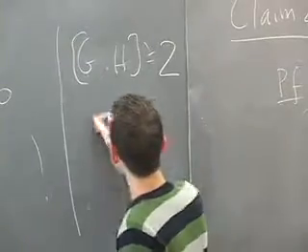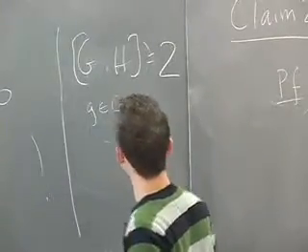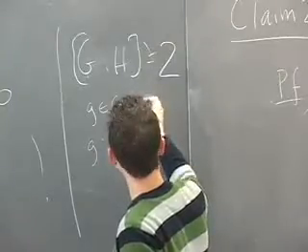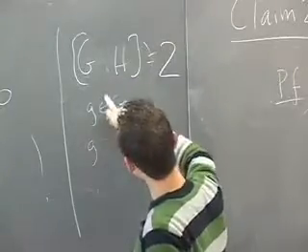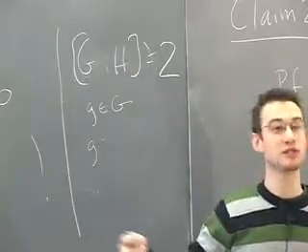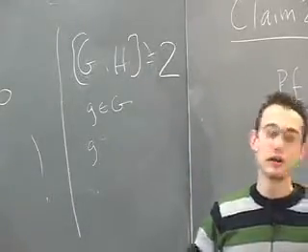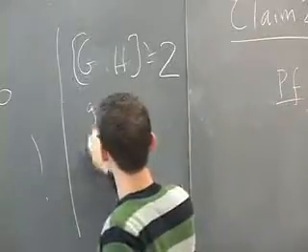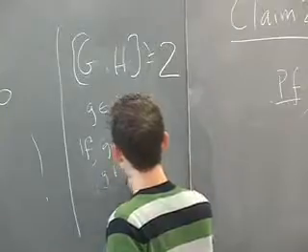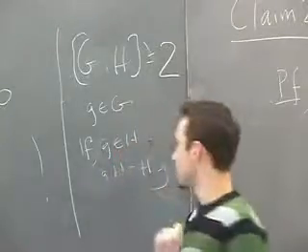Well, suppose I take some g in G. Certainly if g is in H, then gH equals Hg, because that's just H. I'm just getting H back. So if g is in H, we automatically get gH equals Hg.